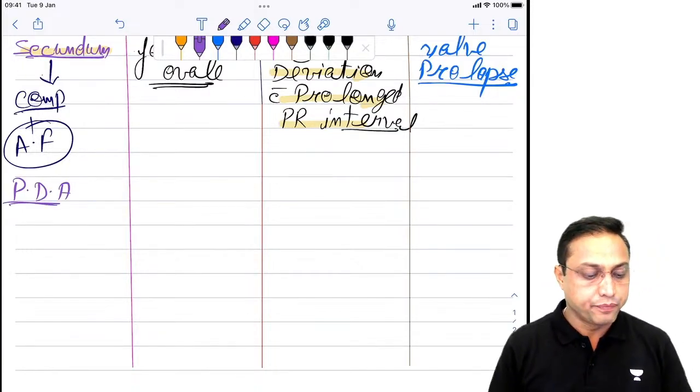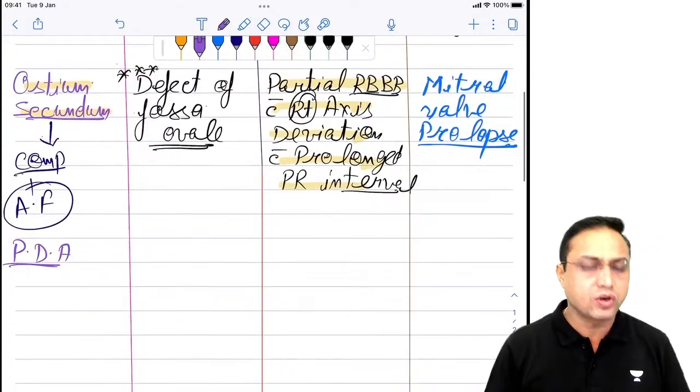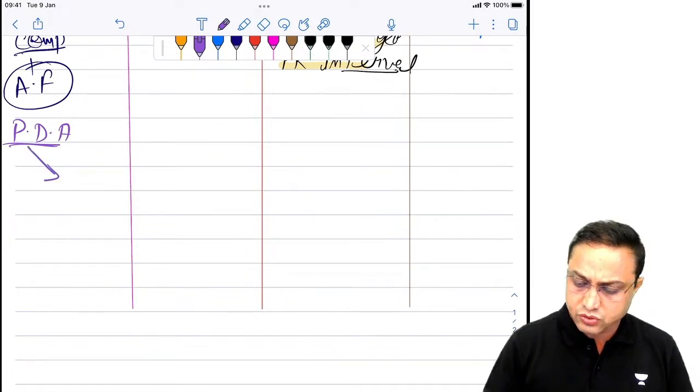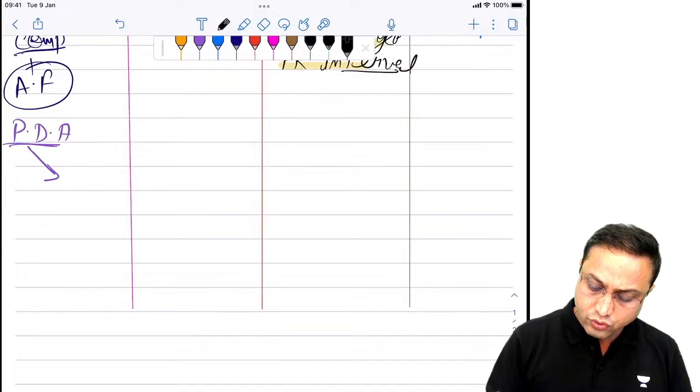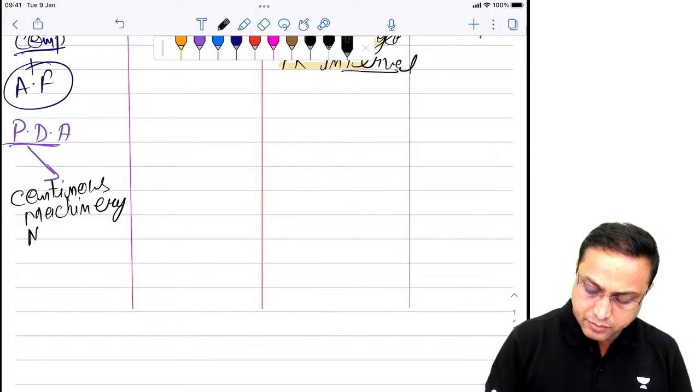Where is the problem, or what are the characteristic features? Here I am writing a quick review of PDA, what you can find in the MCQ: a continuous machinery murmur.